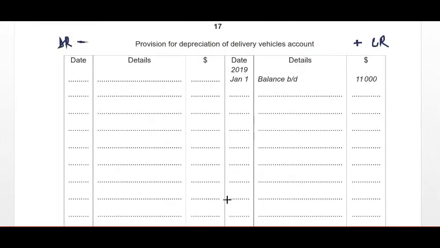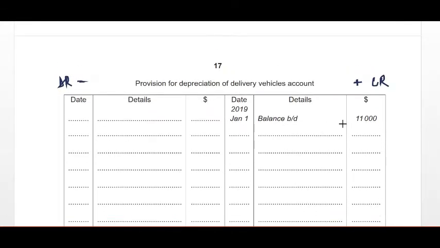So to calculate the depreciation amount, simply we can write down this as 31st December, and we can write the amount all together. So we just write income statement, and this income statement value.